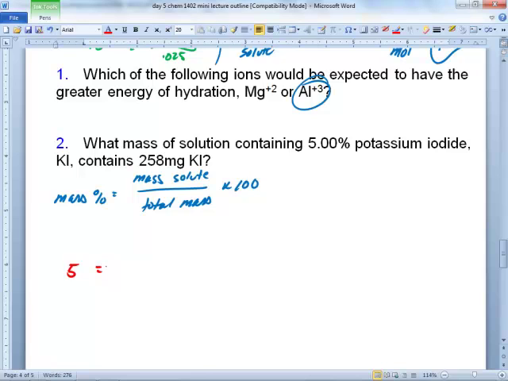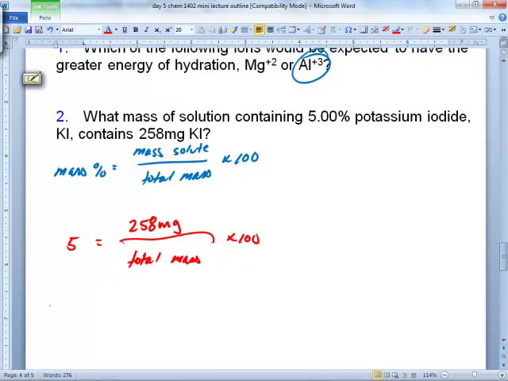That's fine, as long as you keep track and report it. Maybe he's right. Okay, we'll find out. We're going to solve for total mass. So bring it to the top, bring the 5 down to the bottom. Does that make sense?